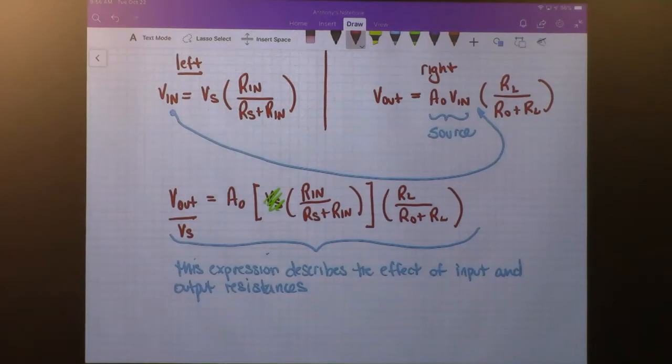So we want to figure out, is there some way we can make this look a little bit more like a constant number? The idea is that you want an amplifier that just multiplies by 10, multiplies by 20, right? You want it to be just static.